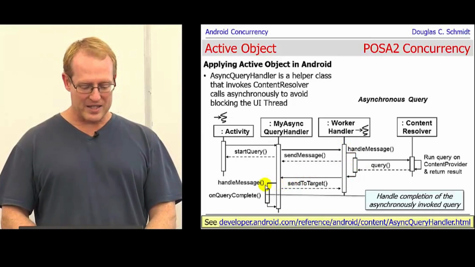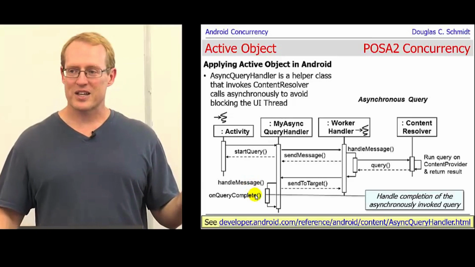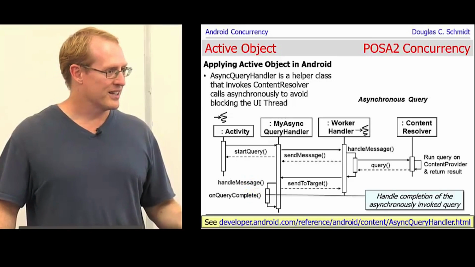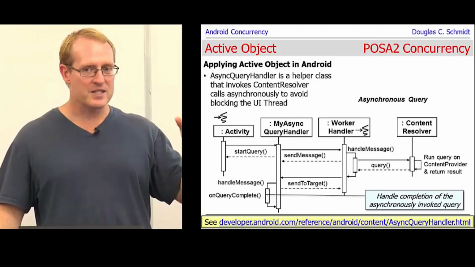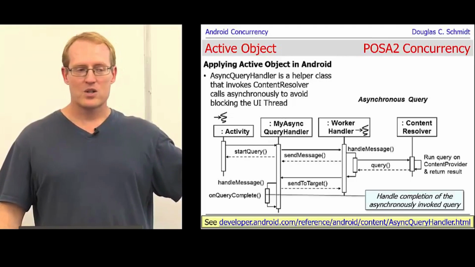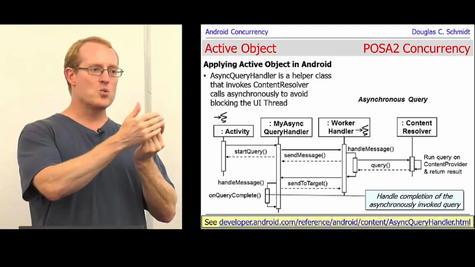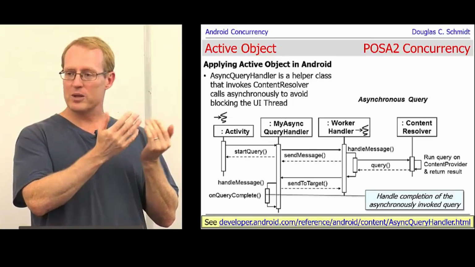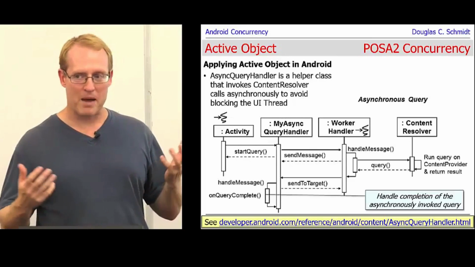Then this handler's handle message method gets called, and it dispatches the callback hook that is defined as an abstract method in async query handler that does the completion processing. So when you invoke, say, an async query, when the query is done, you get the result, which typically comes back to you as a cursor with the data that matches your query.